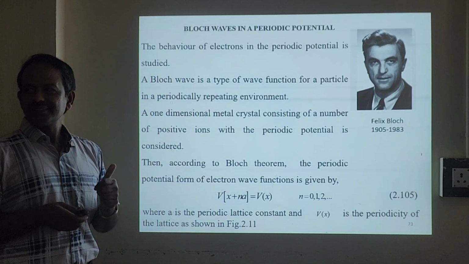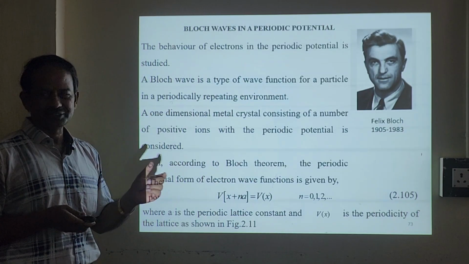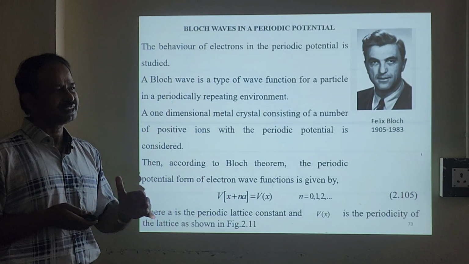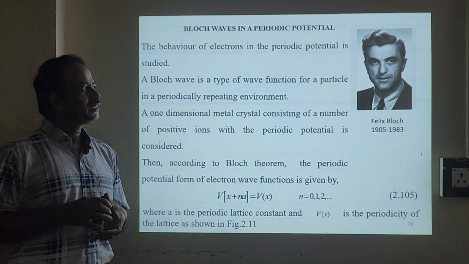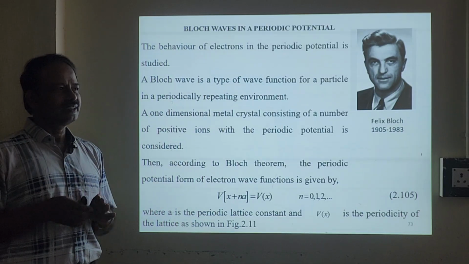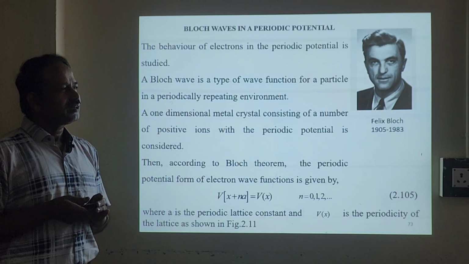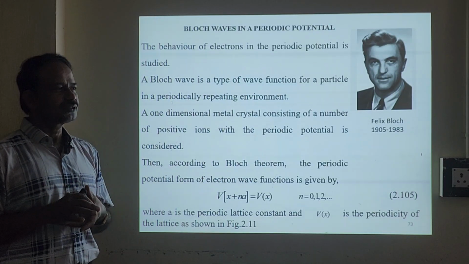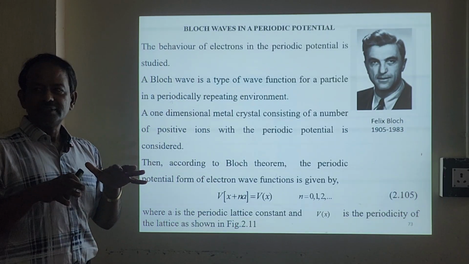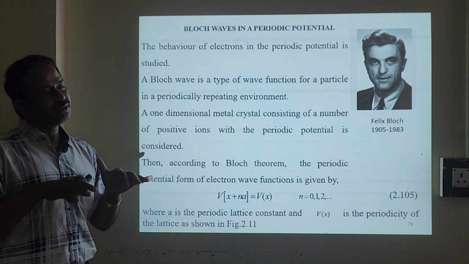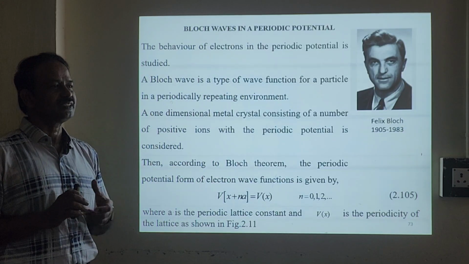Heisenberg's first PhD student is Bloch, so he was the first graduate student. He did his PhD work under Werner Heisenberg. The title goes like this: Quantum Theory of Solids. This is about the periodicity, the behavior of electrons in the crystal. So this was his PhD thesis.